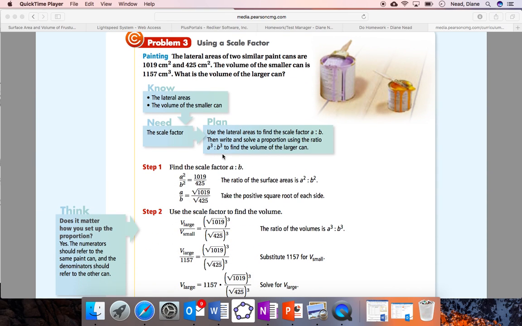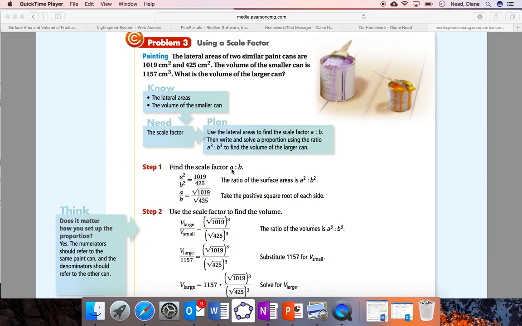In this example, we are given 2 lateral areas of paint cans, 1019 and 425. We're given the volume of the smaller can, 1157, and we're asked to find the volume of the larger can. How do we do that? We first have to find the scale factor.